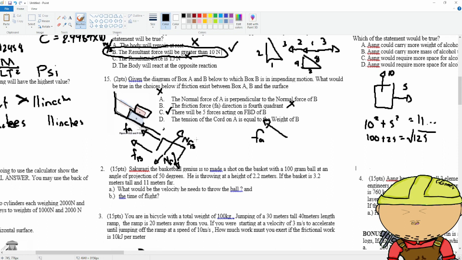Generally speaking, if we are to prevent motion in B, B's weight will not be equal to the tension. The tension should be greater than B's weight. So no. Okay, so letter C is the answer.